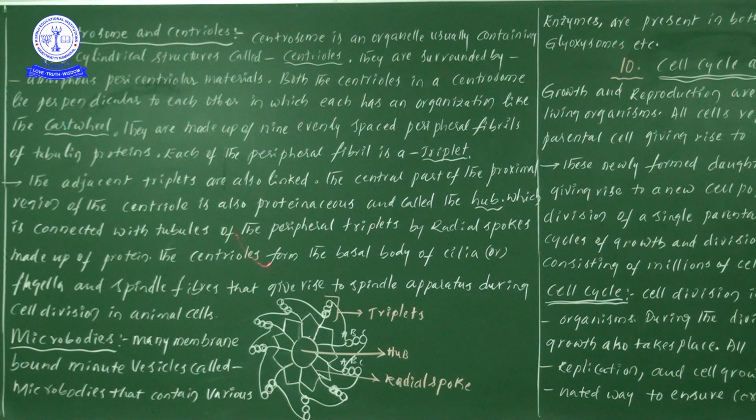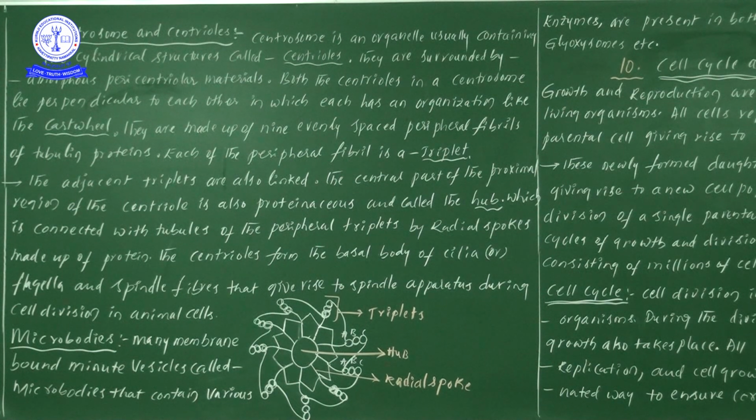So centrioles are involved in two important functions: one is basal body formation, the other is spindle fibers that give rise to spindle apparatus formation, which we can observe during cell division in animal cells. Likewise, we can discuss some information related to the centrosome and centrioles.